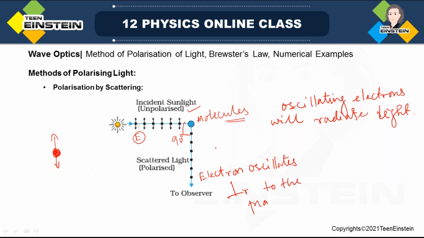That's why, in whichever direction the electron oscillates, it will radiate an electromagnetic wave in that direction itself. So in this direction you will see only one type of vibration, that is perpendicular to the plane of the paper, because the electron oscillates out of the plane of the paper.